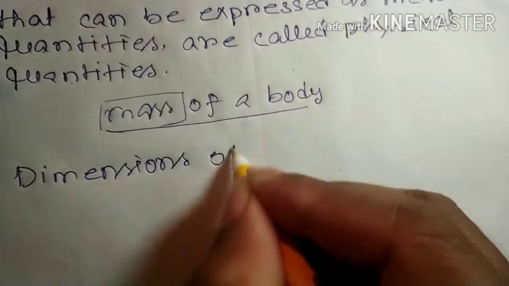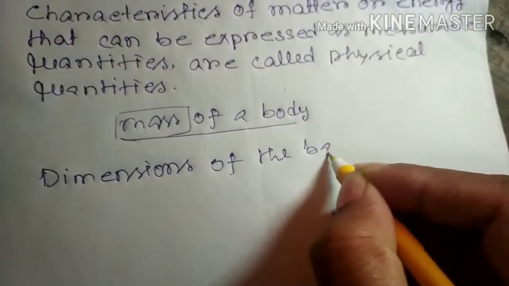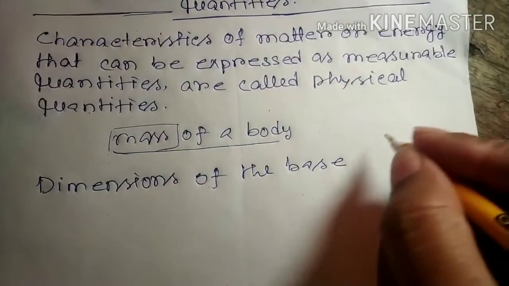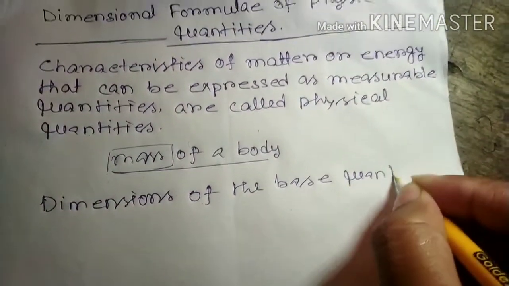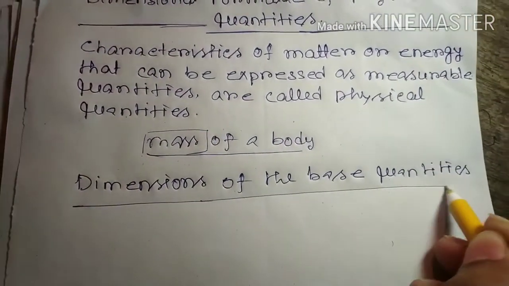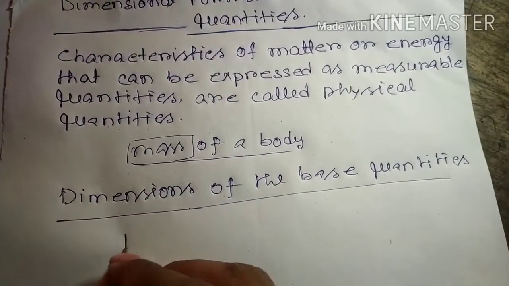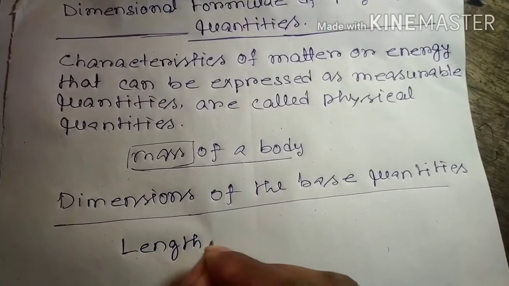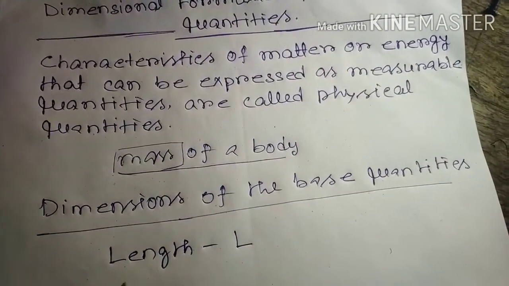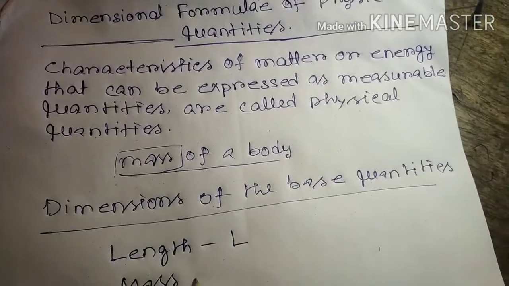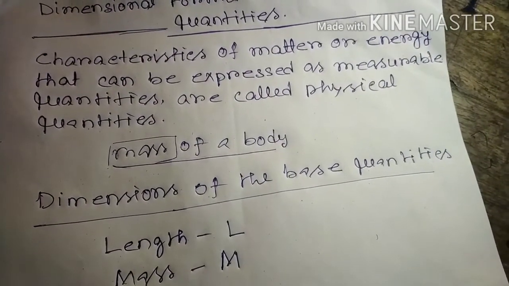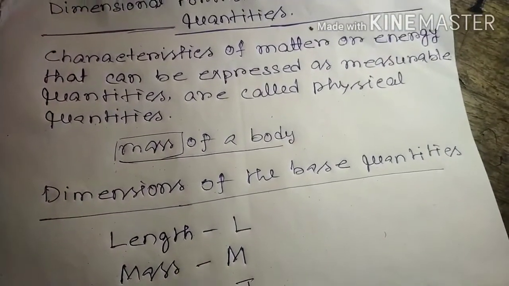Dimensions of the base quantities. Length, see, length we are expressing by capital L. Mass, that one is capital M. Time we are expressing by capital T. Here length, mass, time, that one is what?